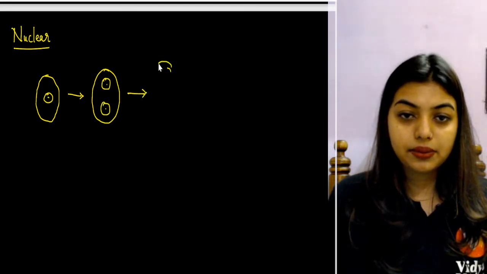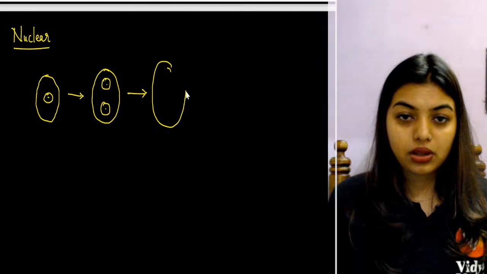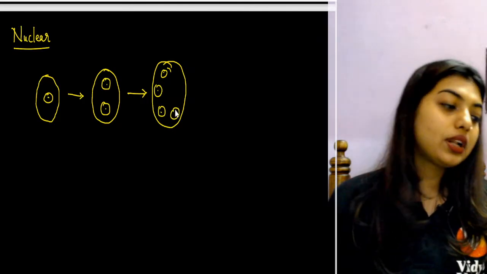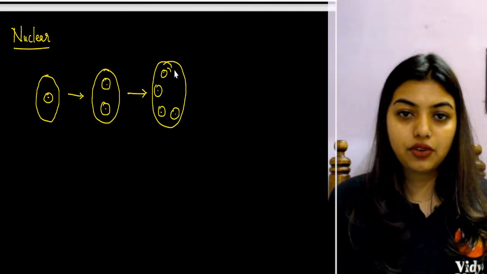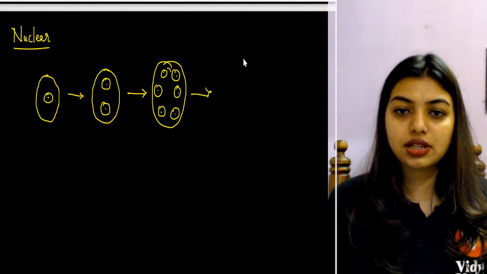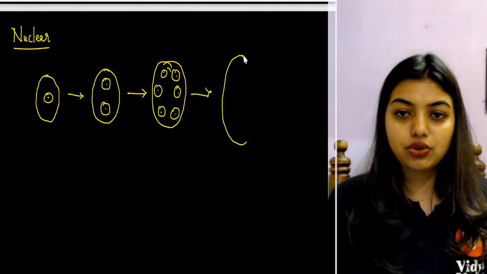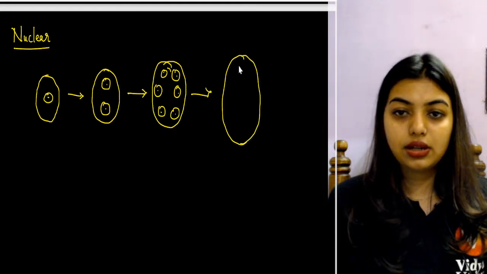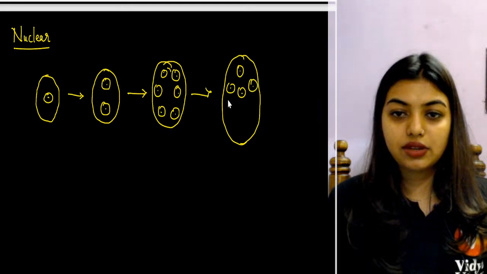Like this, nuclear division is going to happen. I'm not drawing the numbers correctly, but you should know the numbers. Like this, nuclear division will happen.